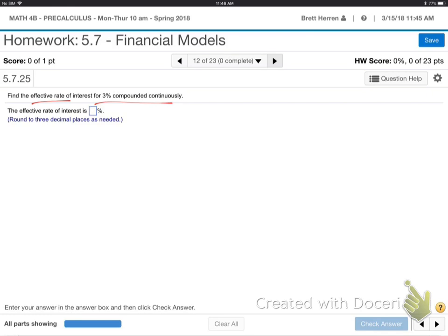What do you got? You said PERT. There it is. A equals P e to the RT. And that's because of continuous, right?